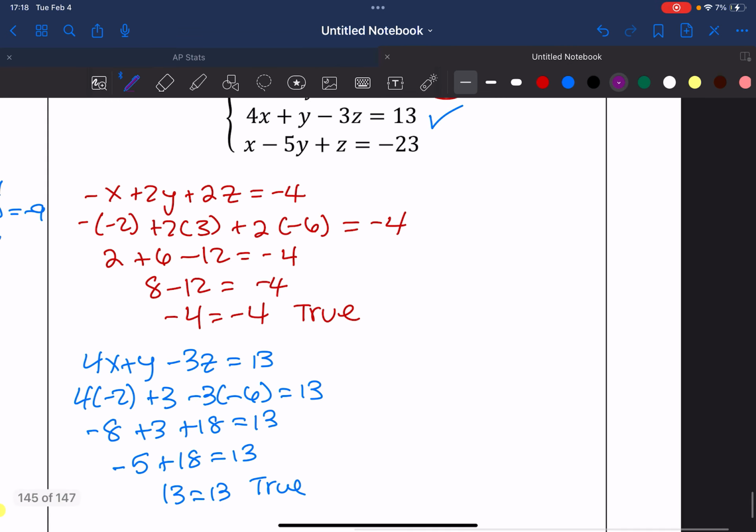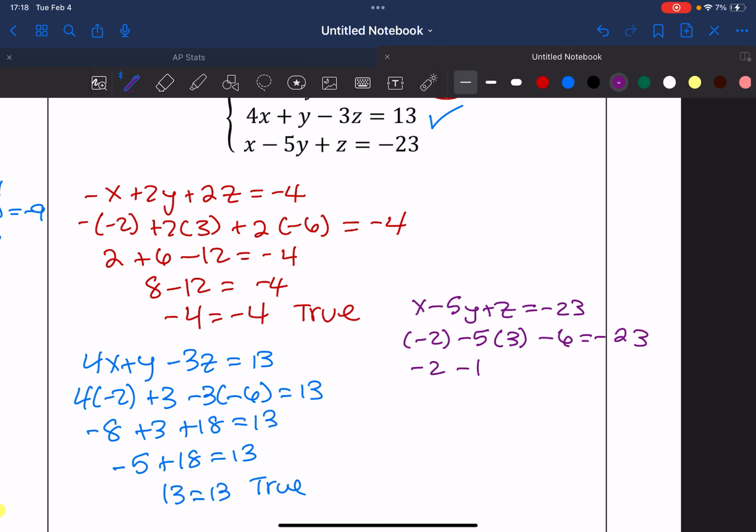Now I'm going to do the third one. x minus 5y plus z is equal to negative 23. Negative 2 minus 5 times 3 minus 6 equals negative 23. Negative 2 minus 15 minus 6 equals negative 23. Negative 17 minus 6 equals negative 23.